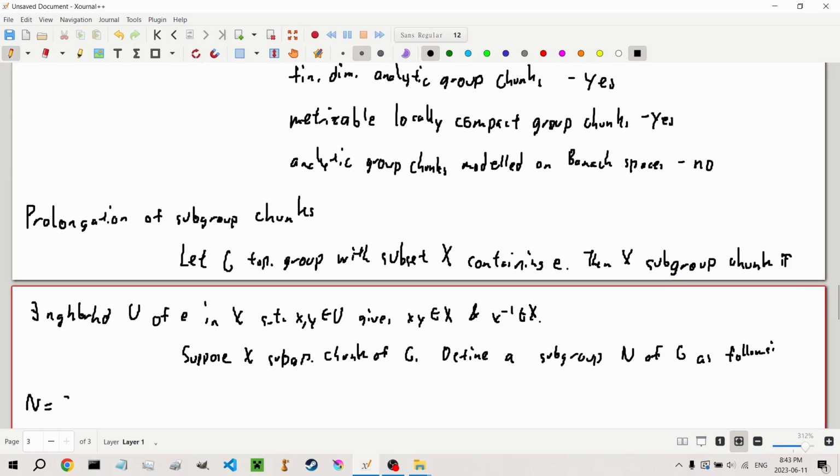N is going to be a set of g in G where there exists an open neighborhood U of E in G such that the intersection of U and X is the same as the intersection of U and the conjugate of X by g.